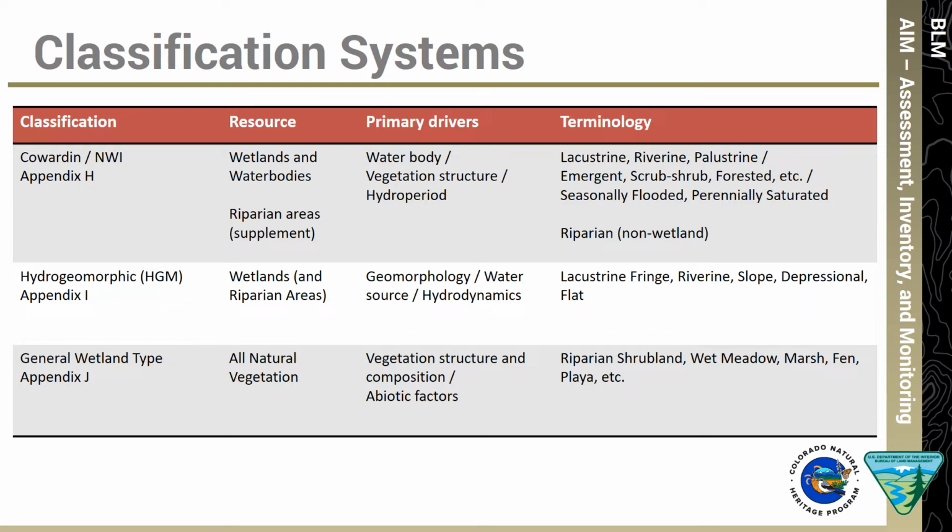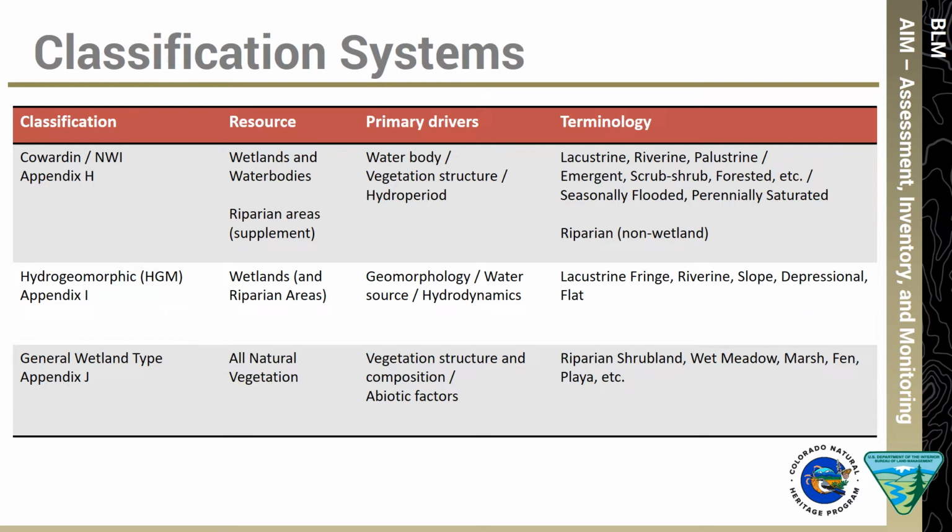The hydrogeomorphic or HGM classification was developed in the 1990s in an effort to tell a little more about how wetlands fit in the larger landscape, particularly in terms of geomorphology and water flow. These factors are often more connected to ecological functions and services, meaning what the wetland does in the landscape, rather than simply knowing if it is herbaceous or woody.